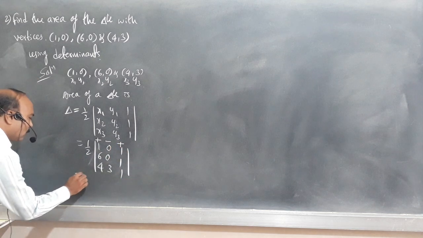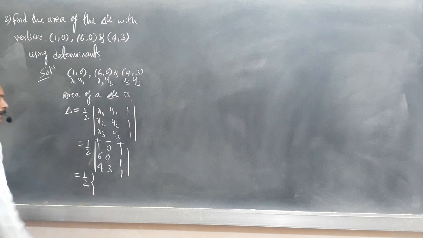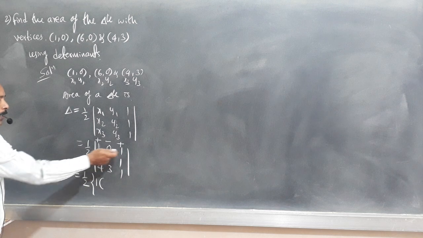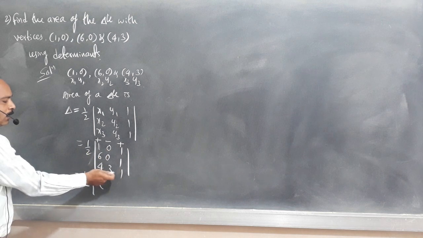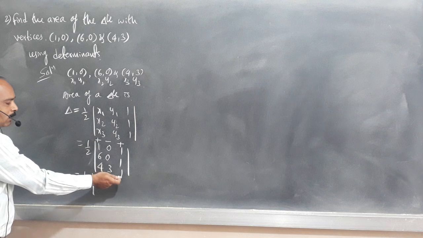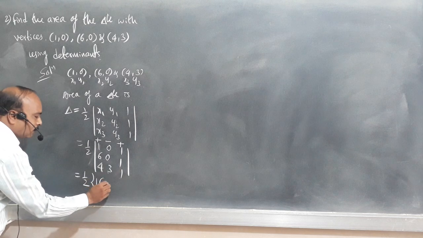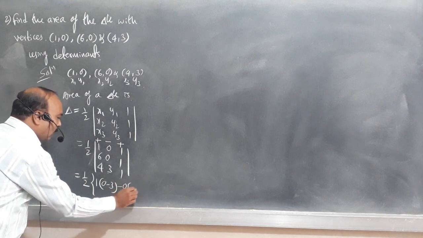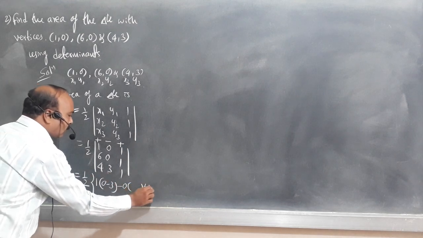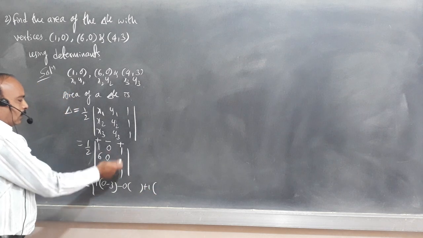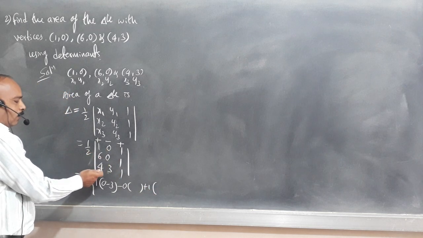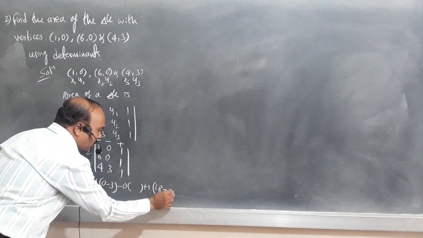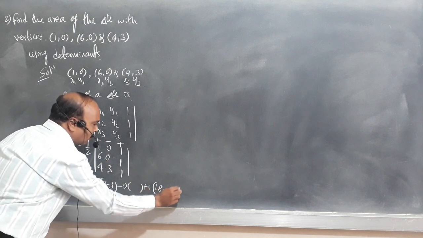First we write 1 by 2 outside, into the first element 1; deleting this column and this row, we get 0 1, 3 1. So the determinant is 0 minus 3. Then minus 0 into any number is 0, plus 1 into, deleting this column and this row, we get 6 0, 4 3. Then we get 6 into 3 is 18, minus 4 into 0 is 0.